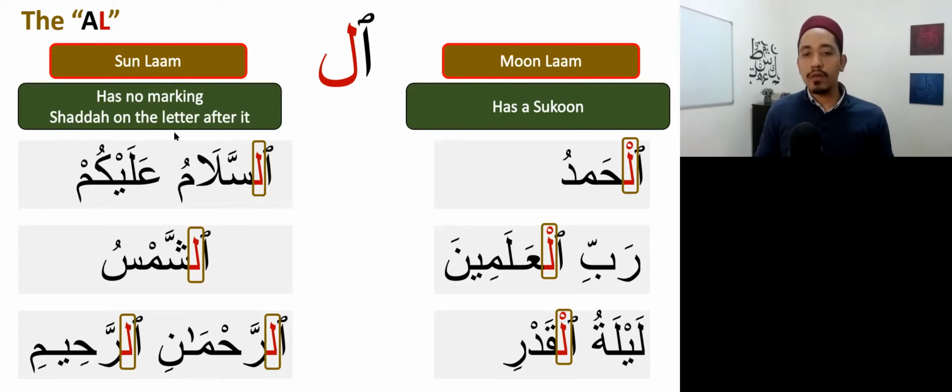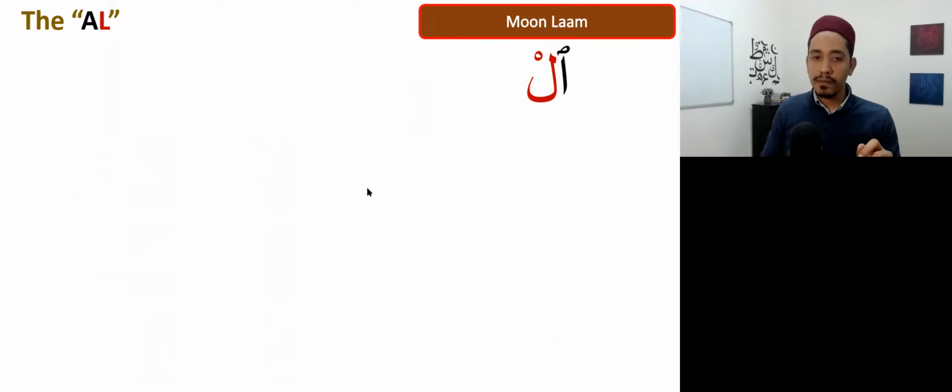Okay, let's start with the moon lam in terms of application. The moon lam, as we can see over here, has a sukoon.